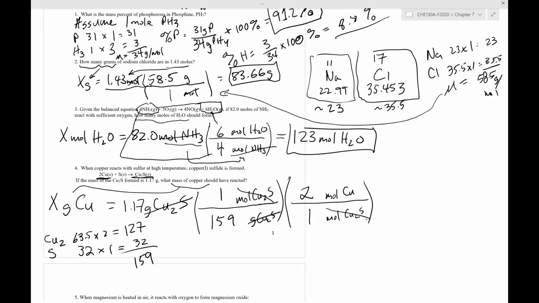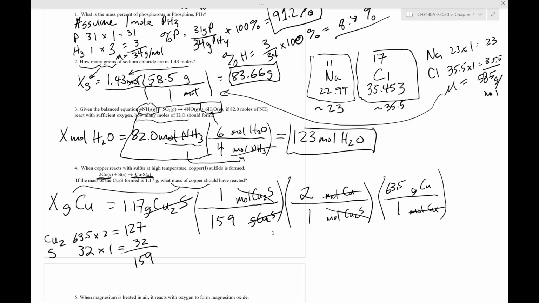So at this point, our units are moles of copper, and so what we need is a conversion factor that has moles of copper on the bottom and grams of copper on the top, and of course that's the molar mass of copper, which is going to be the atomic weight of copper, which, as we said, is 63.5 if you look on the periodic table, and that would cancel out moles of copper for us. So, math-wise, I've got 1.17 times 2 times 63.5 divided by 159. I can leave all those ones out because they're not going to change anything.